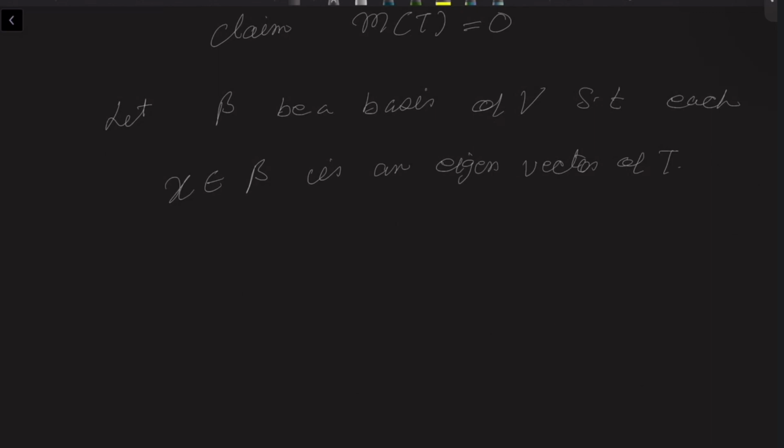So what is m of t applied to x? This I can write as (t minus lambda 1 I)(t minus lambda 2 I) up to (t minus lambda k I) times x.